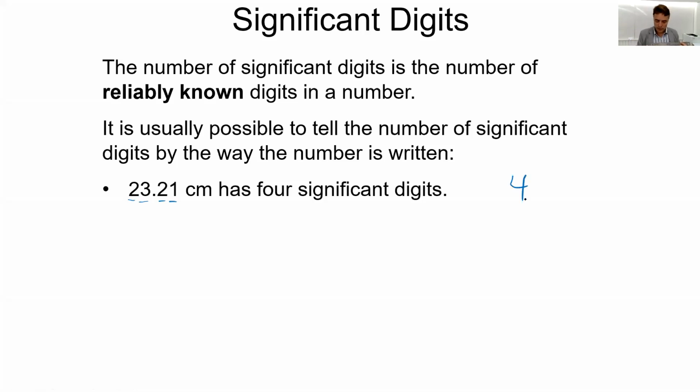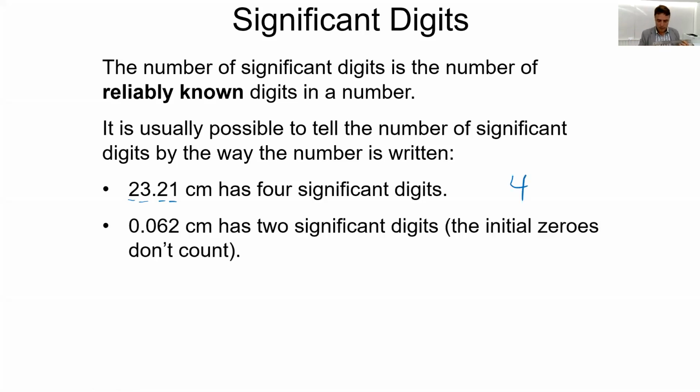This is 4 significant digits. Then 0.062 centimeters. You might think that this also has 4 significant digits, but those initial zeros don't really count as reliably known digits of the number.